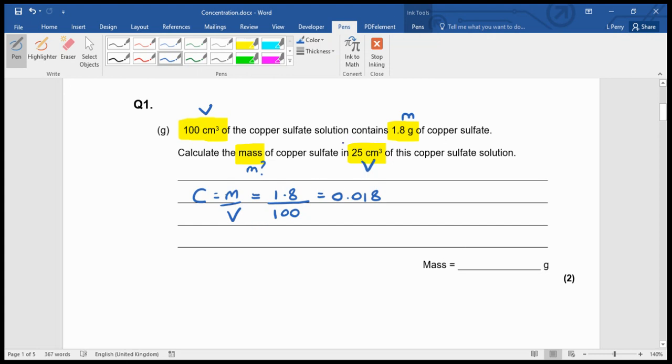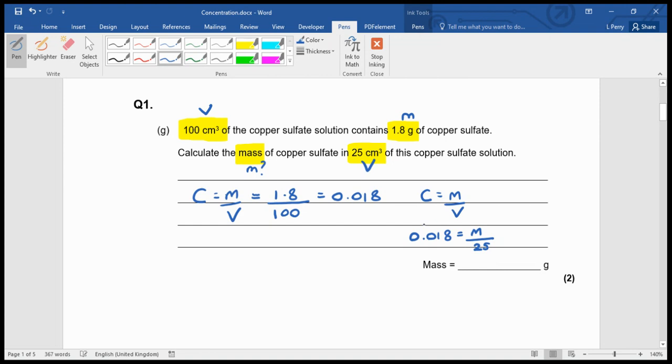They now want to know what's the mass in 25, not 100. So I'm going to do it again. Concentration is mass divided by volume. I know the concentration because I just worked it out. It's 0.018 equals mass divided by the new volume of 25.